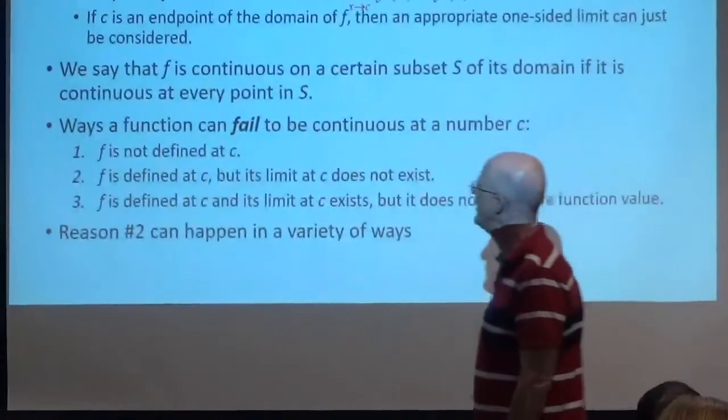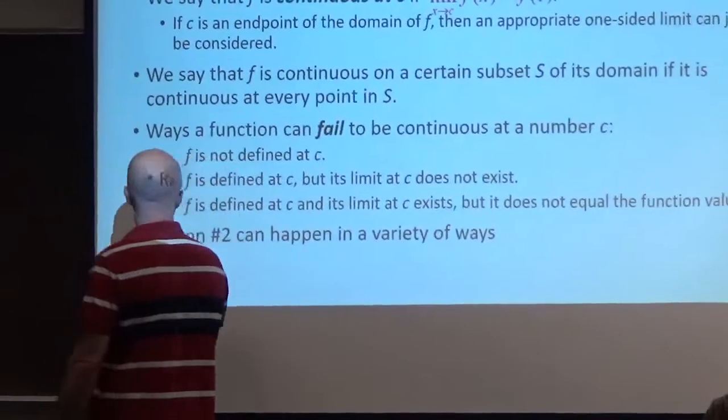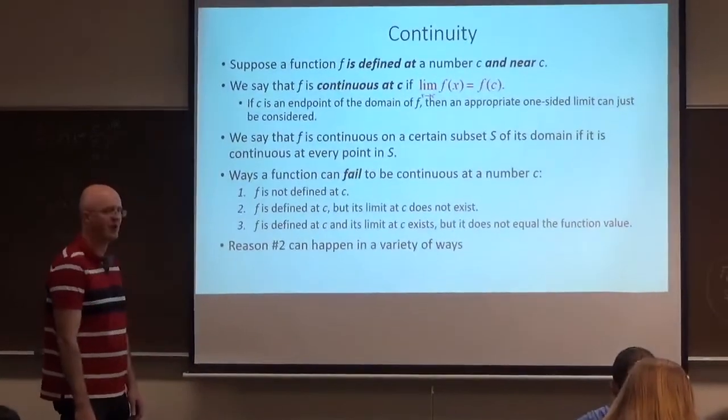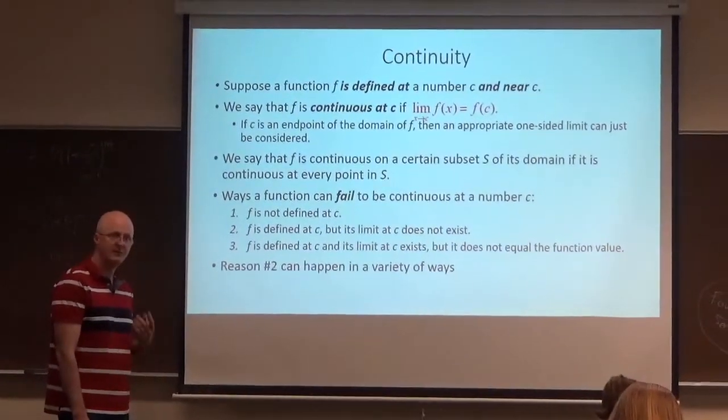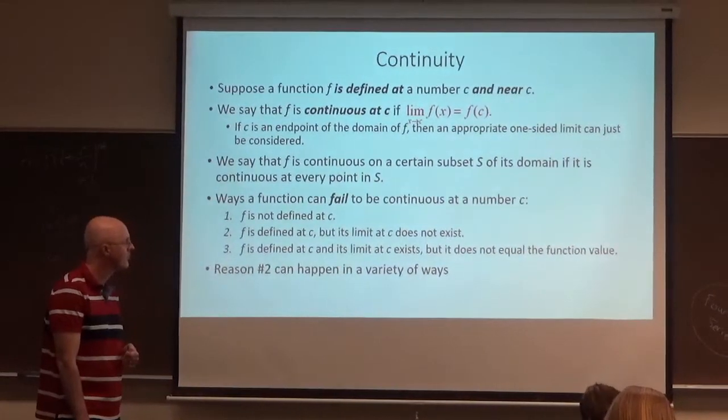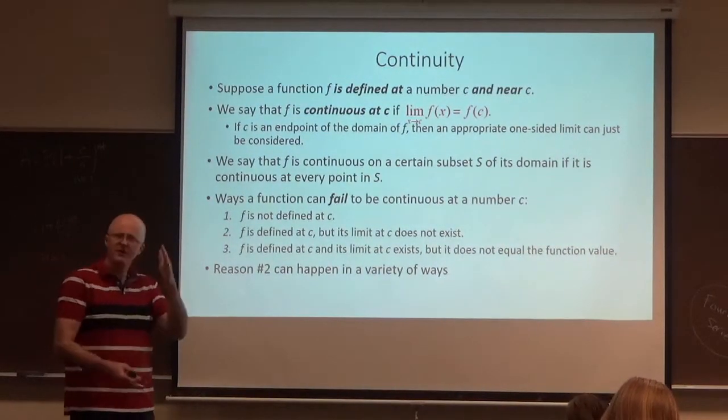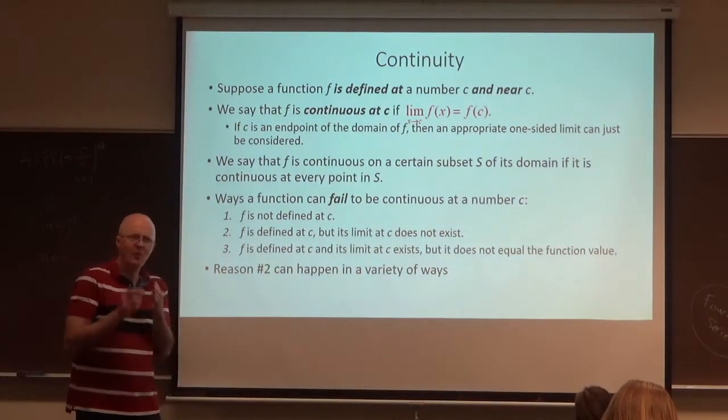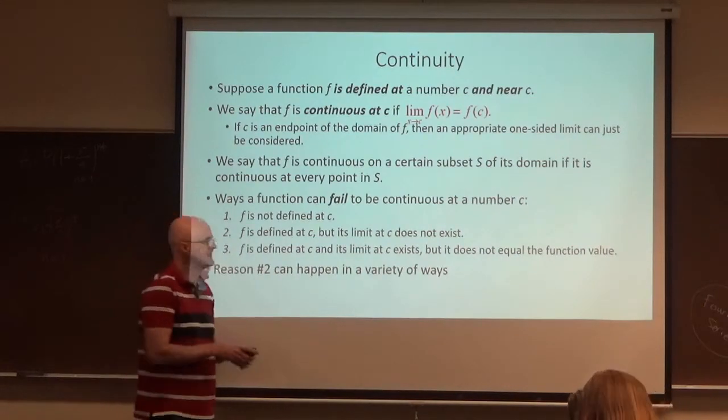Reason number two of why a function can fail to be continuous at c can happen in a variety of ways. There could be a jump discontinuity. There could be a vertical asymptote with the function defined at x equals 0 anyway.